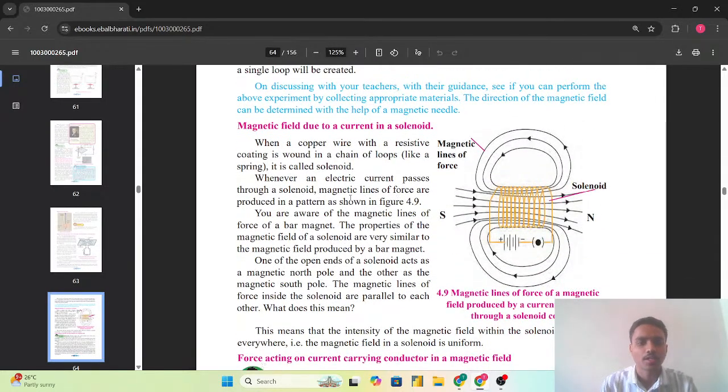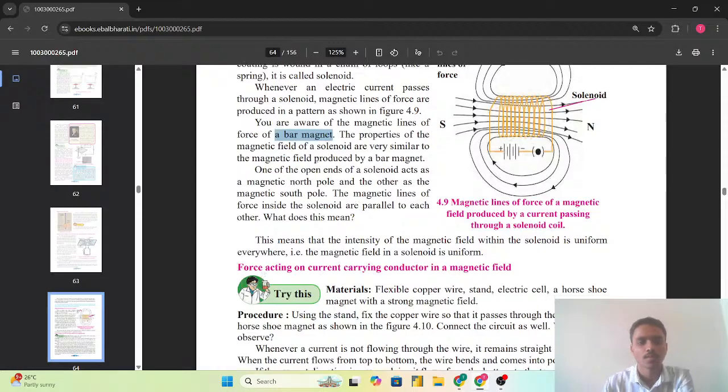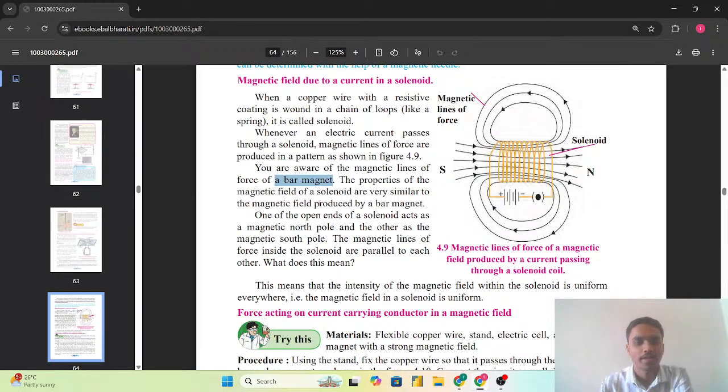Whenever an electric current passes through a solenoid, magnetic lines of force are produced in a pattern as shown in figure 4.9. You are aware of the magnetic lines of force of a bar magnet, which we studied in class 8. The properties of the magnetic field of a solenoid are very similar to the magnetic field produced by a bar magnet.